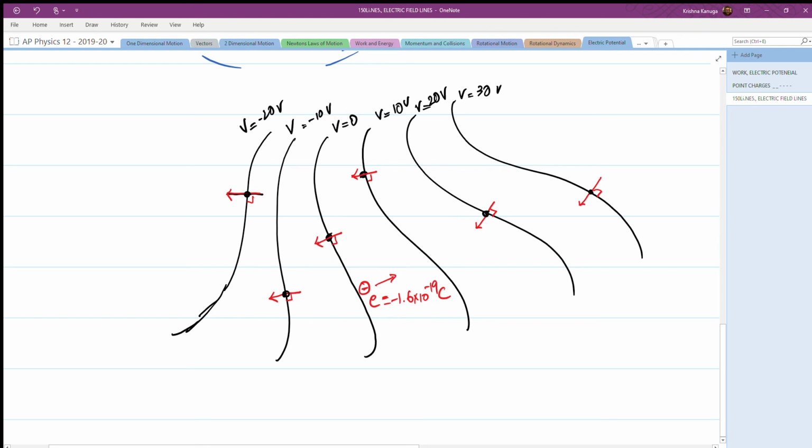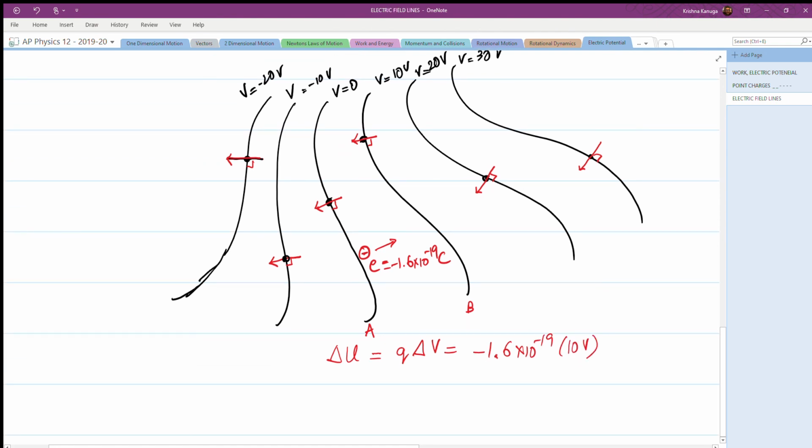Each time it crosses 10 volts, like in this picture, we can calculate the energy that it gains. Let's say the electron travels from isoline A to isoline B. Then the potential energy change of the electron, which is simply Q delta V, would be equal to negative 1.6 times 10 to the minus 19 multiplied by the 10 volt difference in this case.